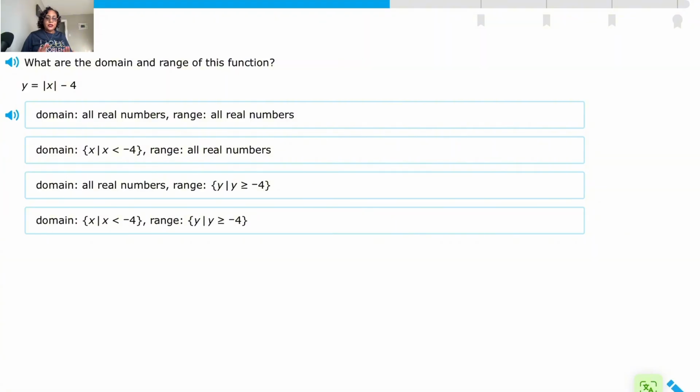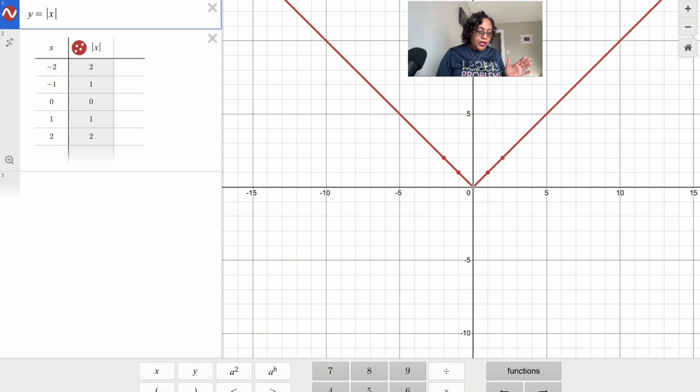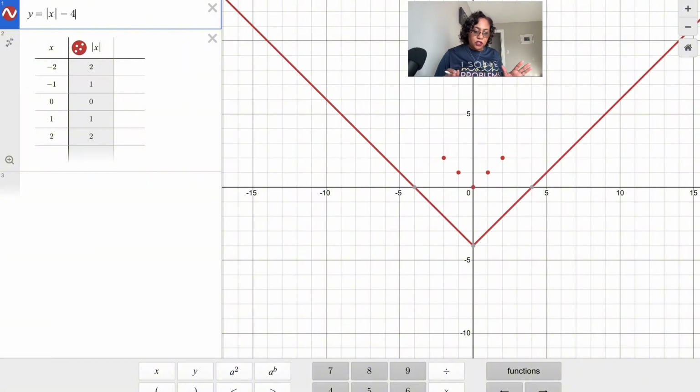So this is what happens, and this is where I think people, students especially, start to get confused. Now I have something that is subtracted from the absolute value, the parent function, and you have to know and be able to describe what happens when you subtract 4. All you're doing is taking the parent function and subtracting it by 4.